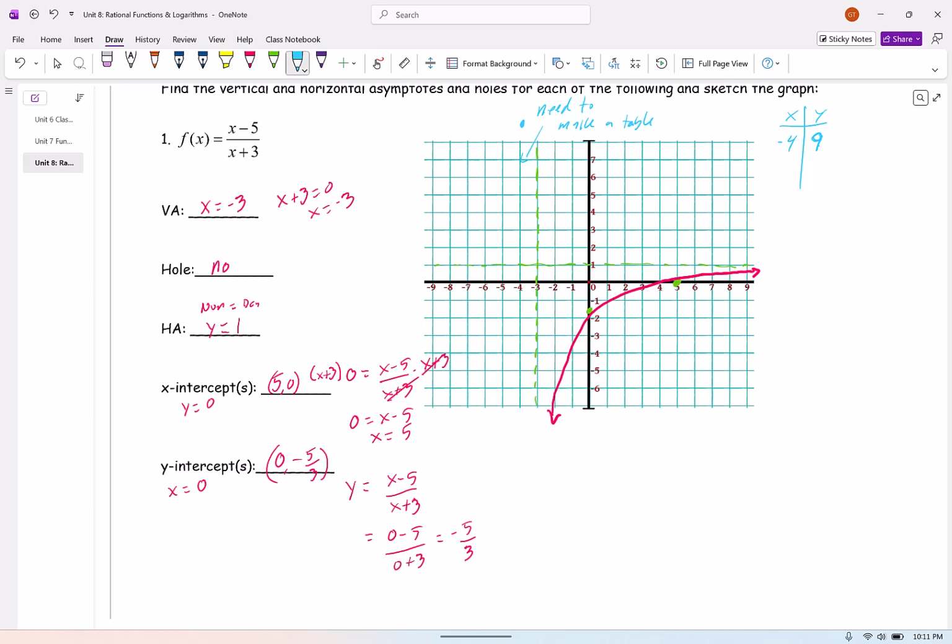And if I did, let's say, negative 10, negative 10 minus 5 gives me negative 15, and negative 10 plus 3 gives me negative 7. Negative 15 over negative 7 is a little bit more than 2, and so if I was out here, I would be somewhere along the lines of here.